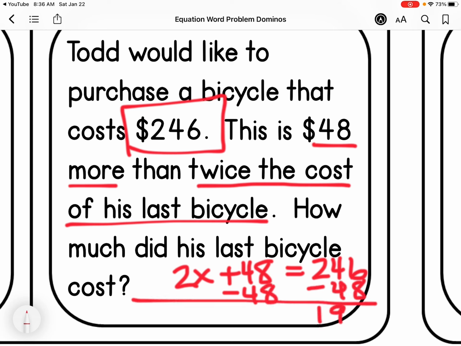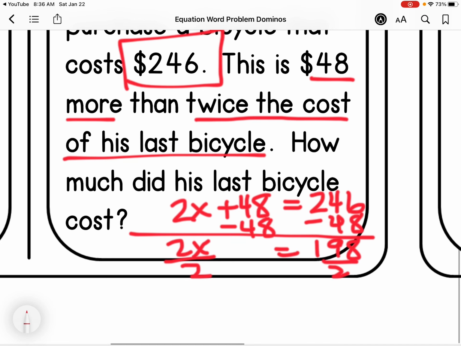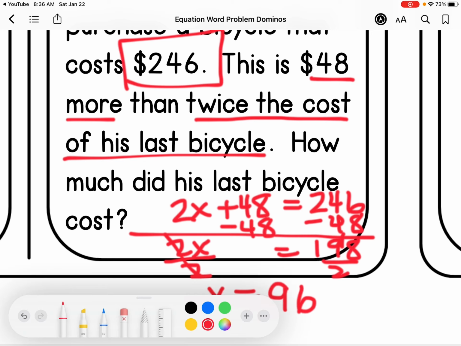And I get 198 equals 2x. I'm going to divide by 2. So x equals, what, 96? Or 99. Let's see here. I think 99.